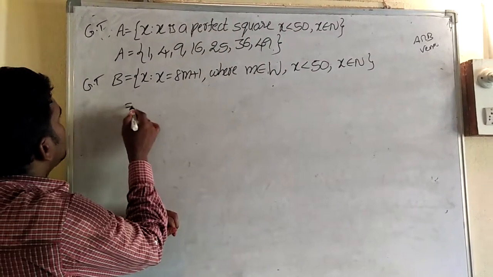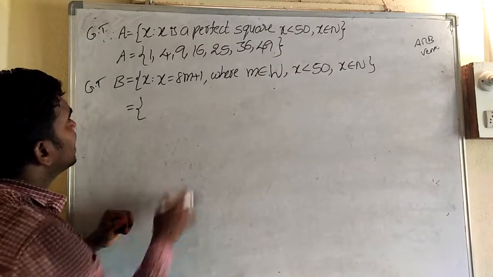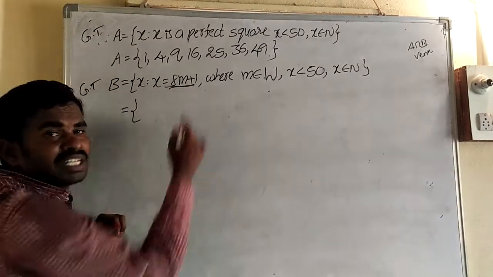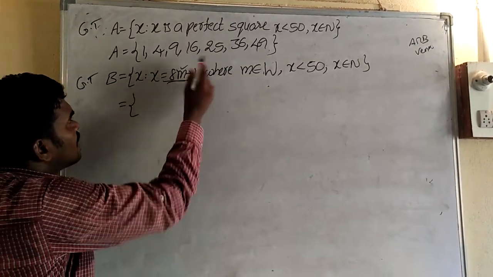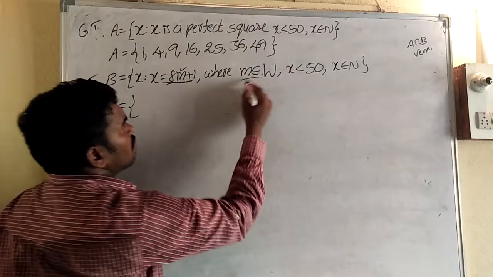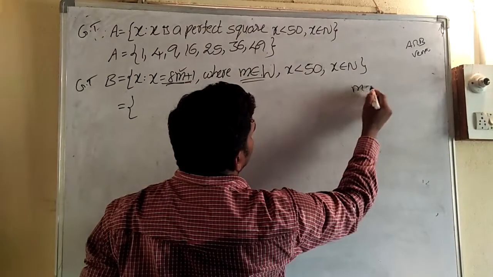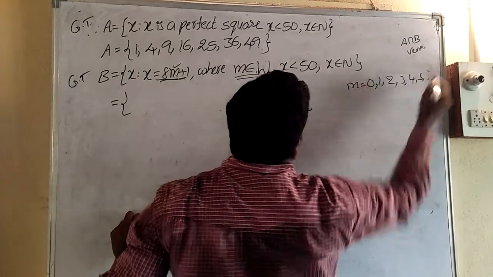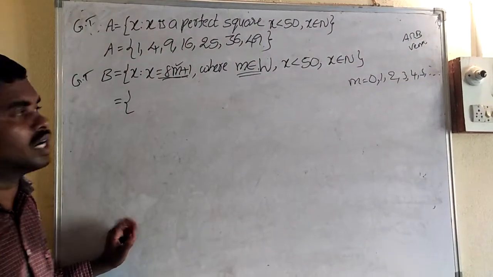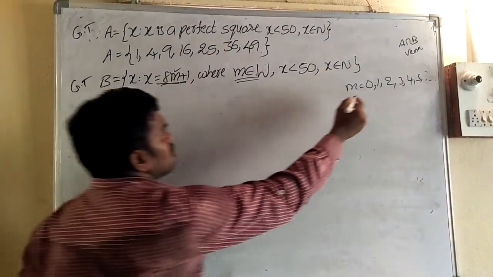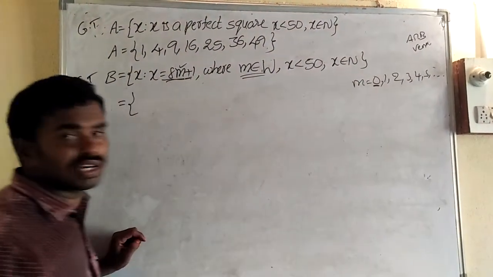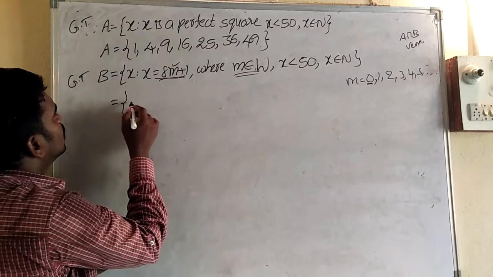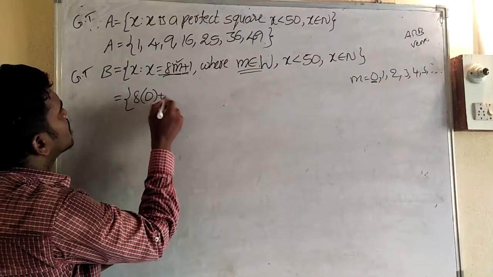Then set B. Here x is equal to 8m plus 1. What is m? m is a whole number. What are whole numbers? 0, 1, 2, 3, 4, 5, and so on are whole numbers. First I am substituting 0 in place of m. 8 into 0 plus 1.